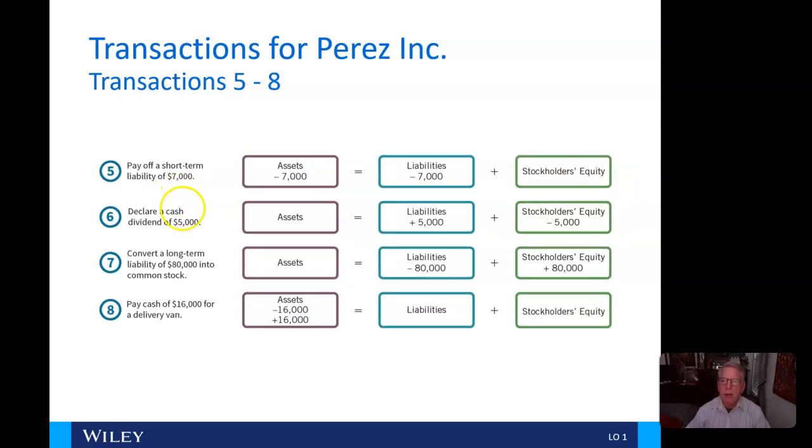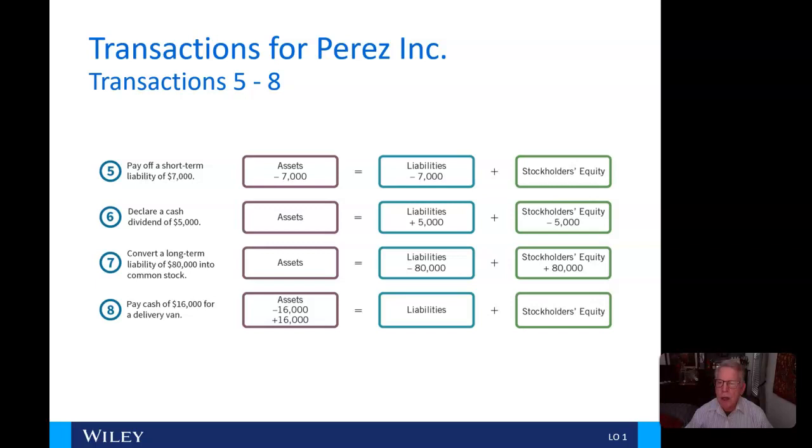Okay, if we look at the next transactions, we paid off some short-term liabilities of $7,000. So we paid it off in cash. Cash goes down. Short-term liability, accounts payable, is also going to go down.